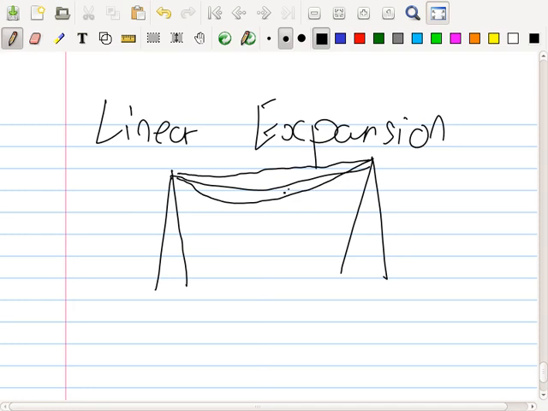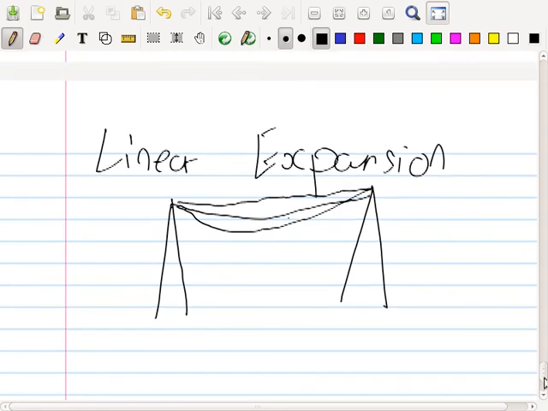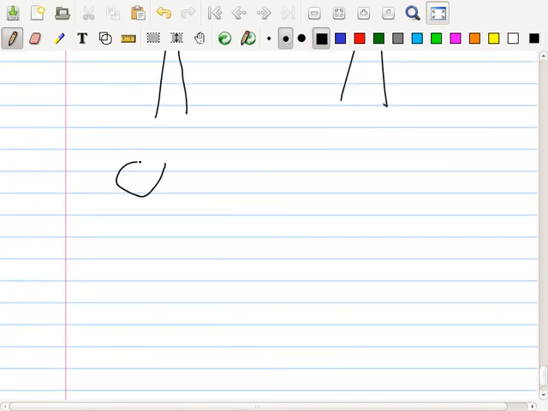And what's written here then? This alpha here is equal to the change in the length over the change in the temperature times 1 over the length.